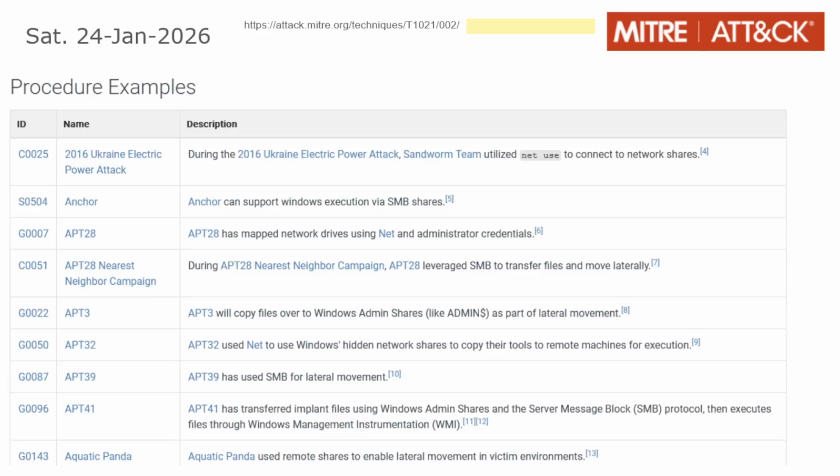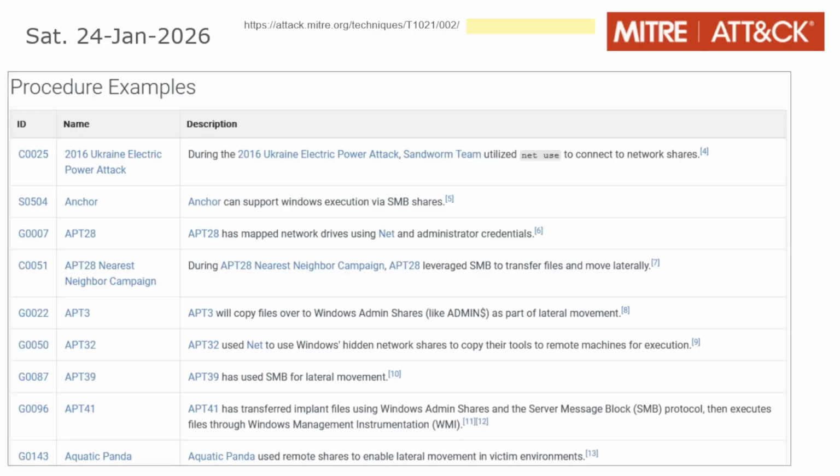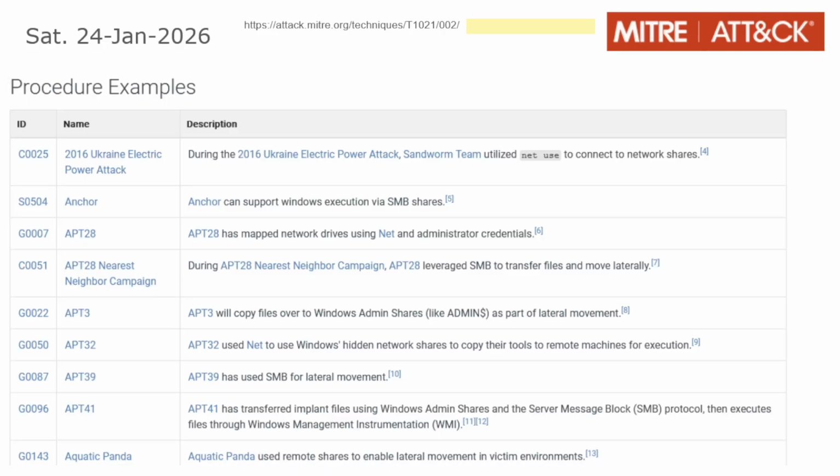And then all kinds of APTs. Aquatic Panda used remote shares to enable lateral movement in victim environments. So yeah, the list goes on, by the way, so there are more procedures. I just copied out the first couple ones here. Again, the takeaway here is it is relevant, it has been used by hackers in the past, and that's why we should pay attention to it too.